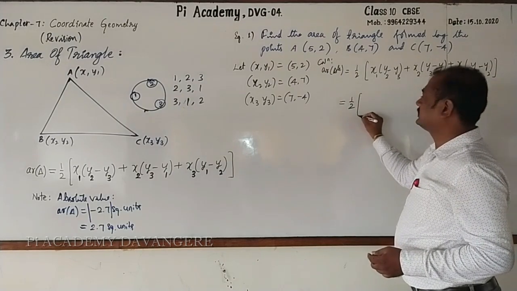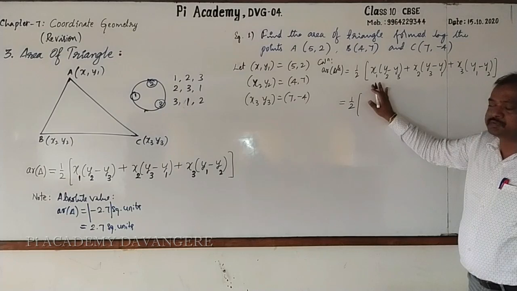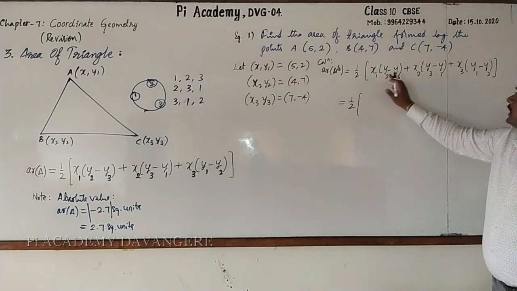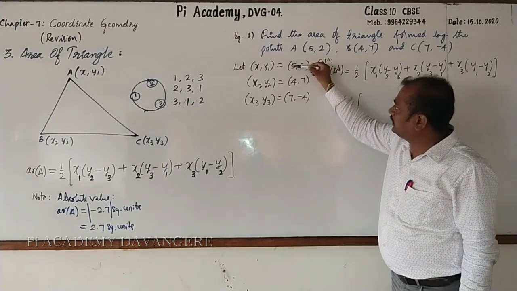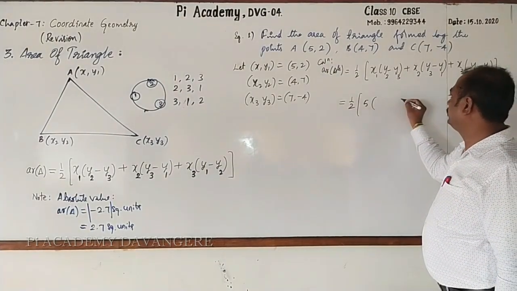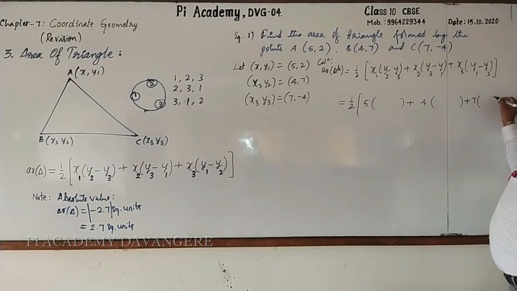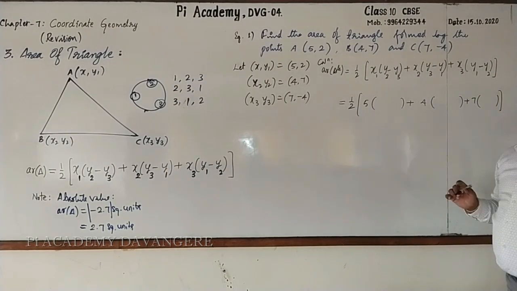Write half as it is. Just keep observing. Stop writing and look at them. In substitution, first you should substitute x1, x2 and x3. See that? Here 5, 4 and 7. Here 5 into, plus 4 into, plus 7 into. It will be easier.